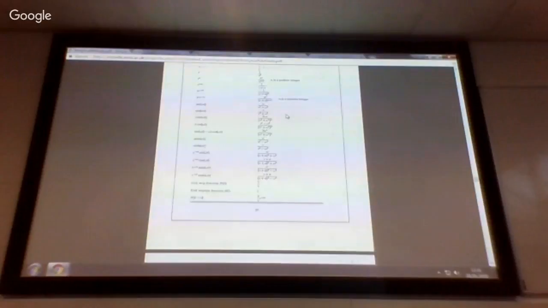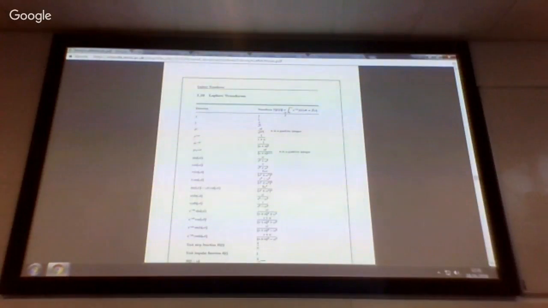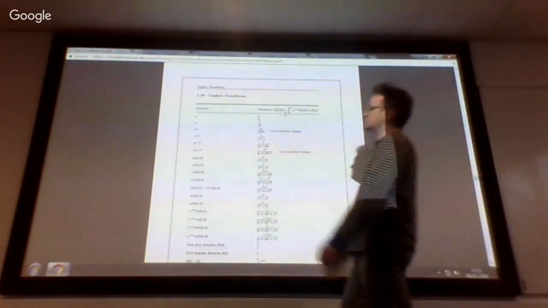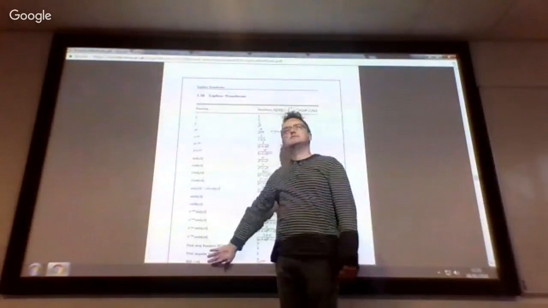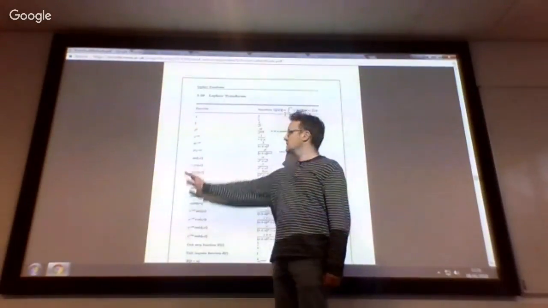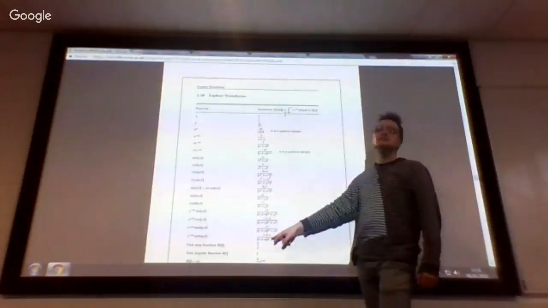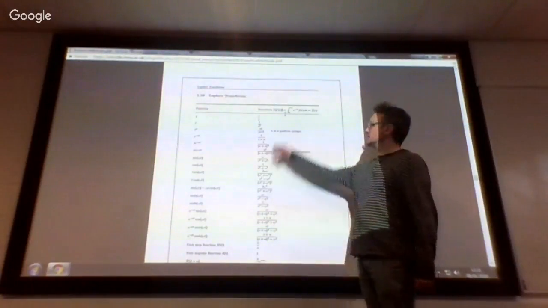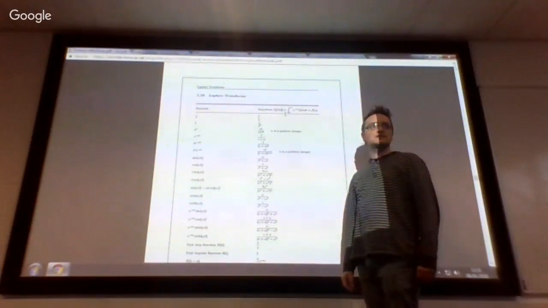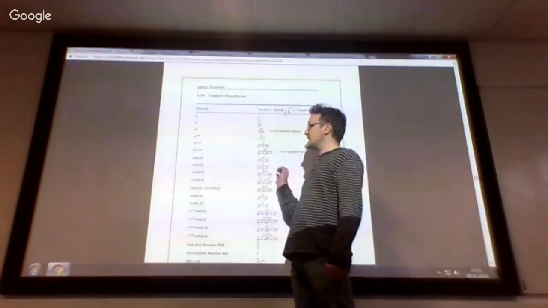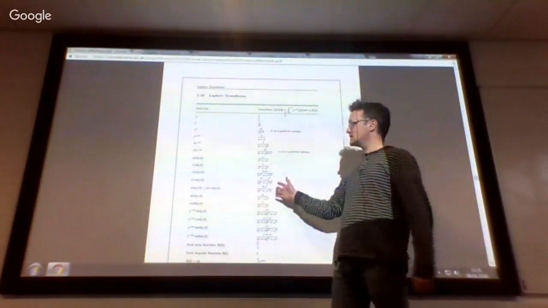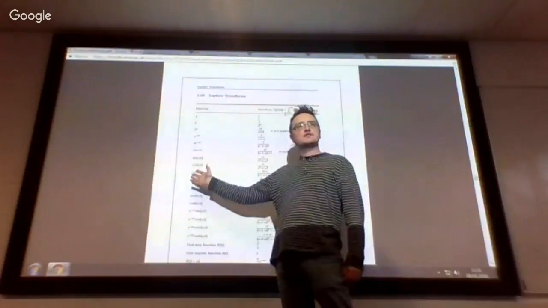So you can see, just like the logarithm table, it lists a load of common functions of t and lists their corresponding Laplace transform, which we're going to learn about now. So we'll be using this table to carry out our Laplace transform and carry out the inverse transform as well.